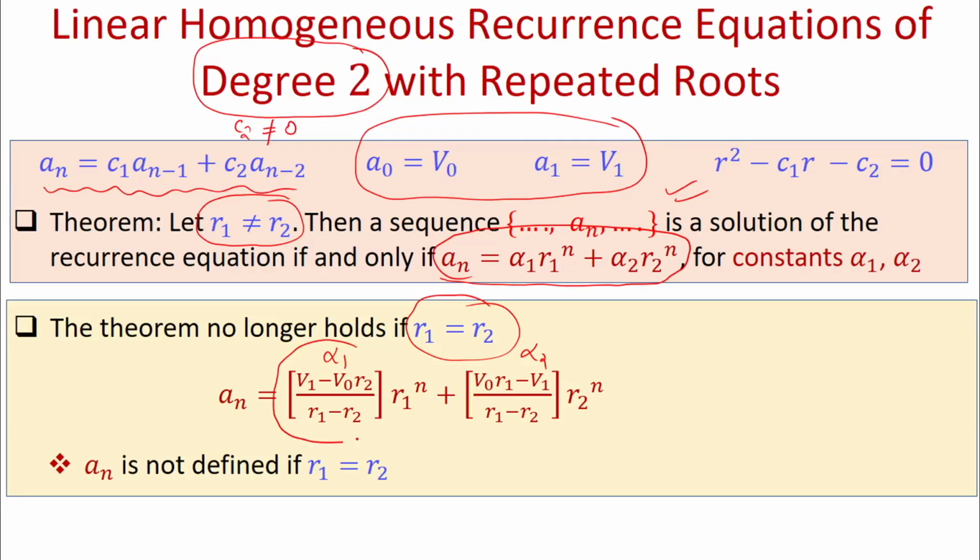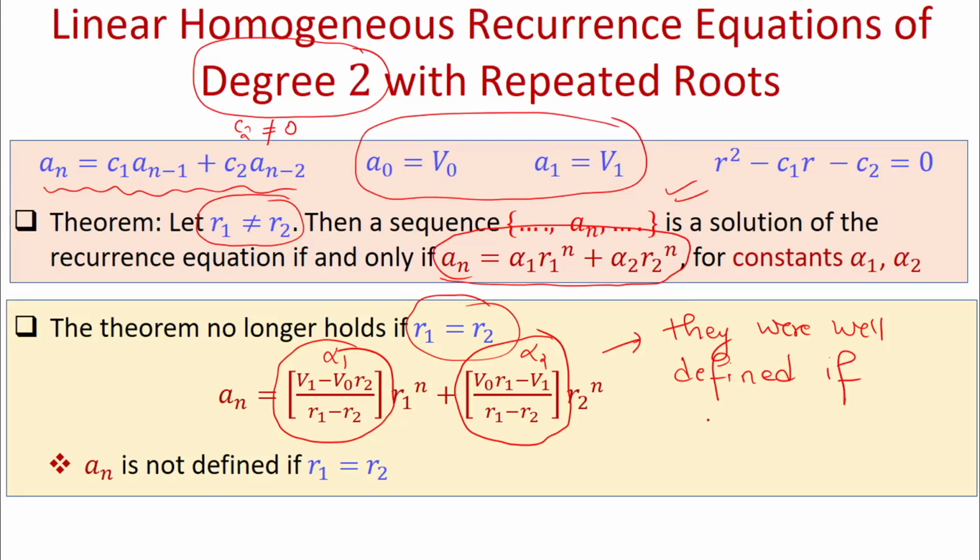This was the constant alpha 1, and this was the constant alpha 2, and they were well defined for the previous case because your R1 and R2 were different, in which case the denominator will be non-zero. But if your R1 and R2 are same, then these alpha 1 and alpha 2 are not well defined, in which case we cannot find out the exact sequence satisfying the given recurrence condition as well as the initial condition.